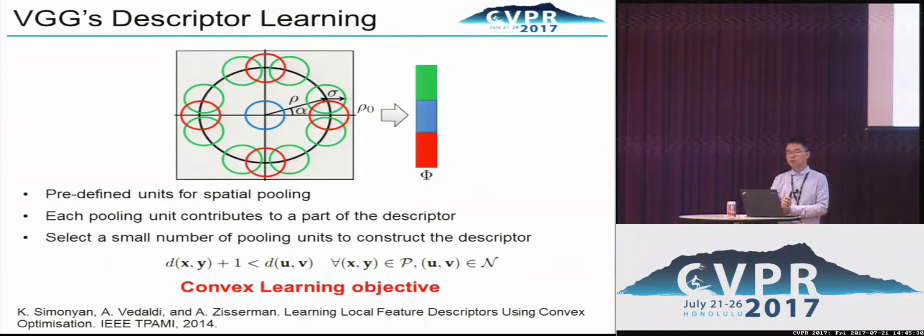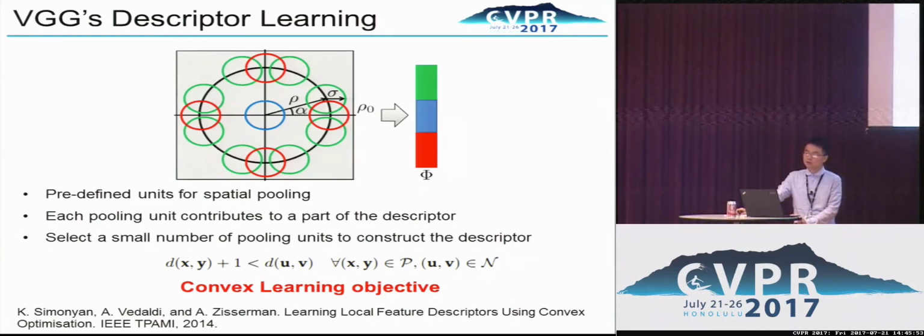In their formulation, each pooling unit contributes to a part of the descriptor. And the learning target is to select a small number of pooling units from a large number of possible units by imposing a sparse constraint on the margin-based objective.